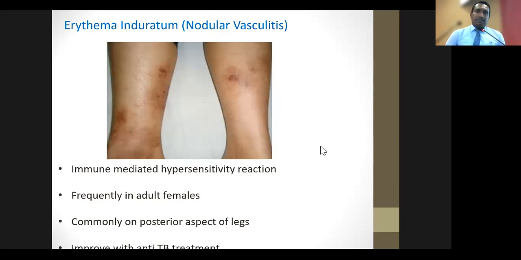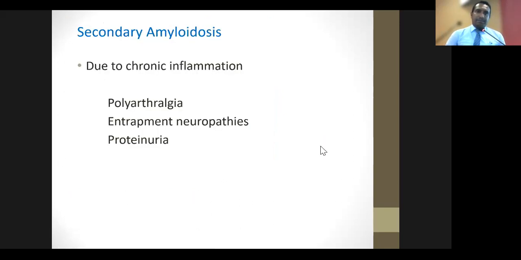And it will also improve with anti-TB therapy. And because TB is a chronic inflammation, there's a risk of developing secondary amyloidosis too, due to the accumulation of serum amyloid A protein. So they will present with signs of amyloidosis like polyarthralgia, cranial neuropathies, and proteinuria.